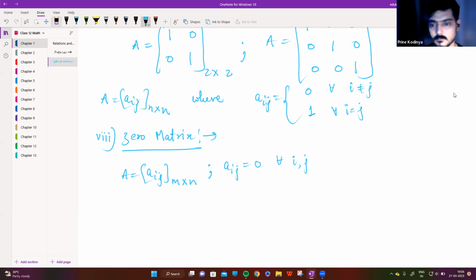So we can actually write it like this. All the elements are 0.